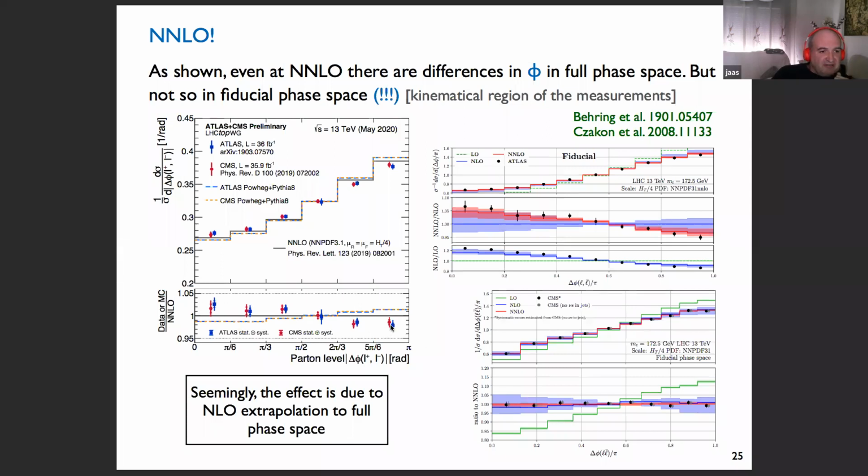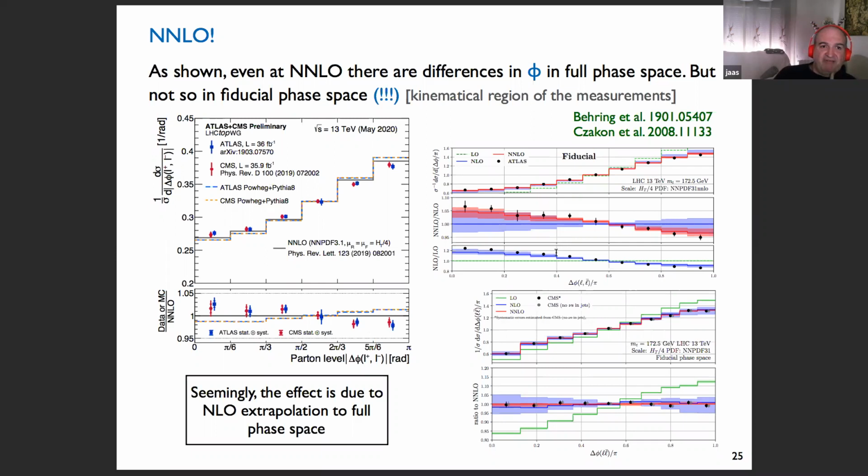from data to next to leading order, but then if you go to the measurements in the fiducial region, which is the kinematical region where the measurements are actually performed, in that case, the discrepancy is smaller.